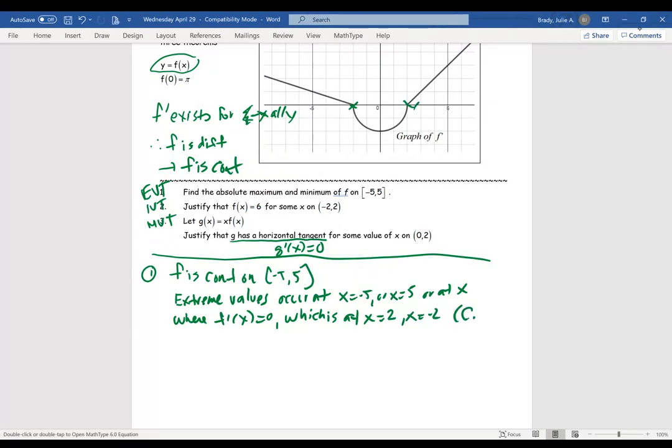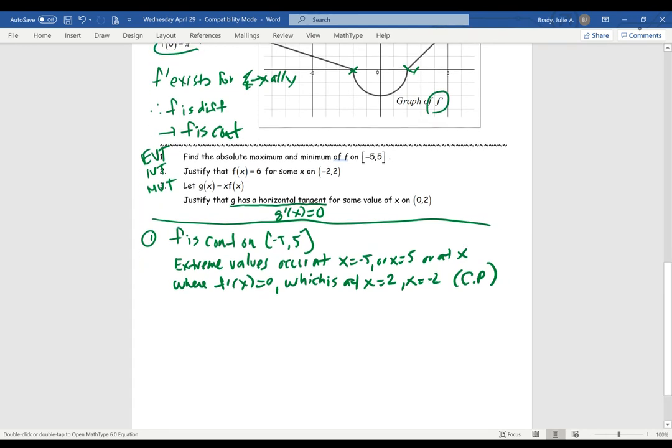Those are critical points. Okay, so we're going to make a table. Since we're going to go backwards because this is f prime, we need a starting value, which is why they give me this. So I'm going to put that in my table as well.